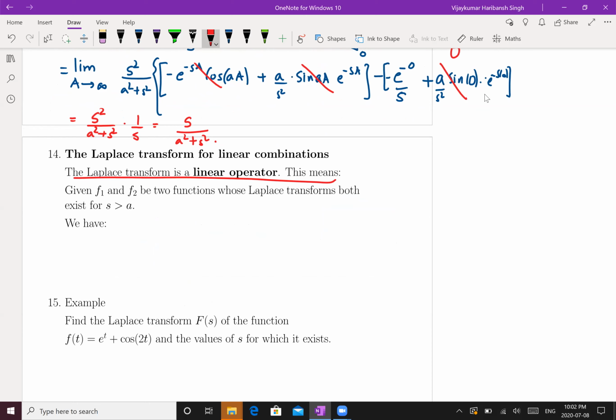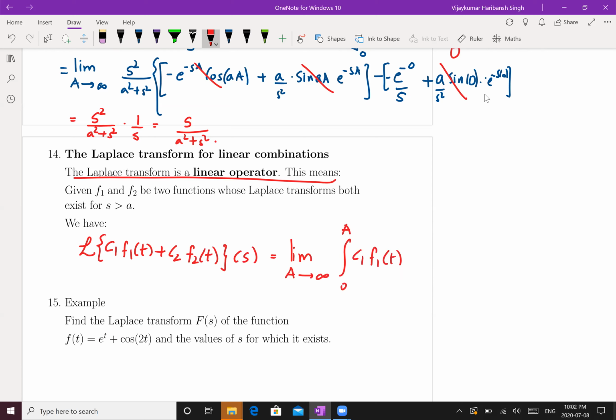Then the Laplace transform of c1 f1 t plus c2 f2 t evaluated at s is the limit as a goes to infinity of the integral from 0 to a of c1 f1 t plus c2 f2 t times e to the power minus st dt.